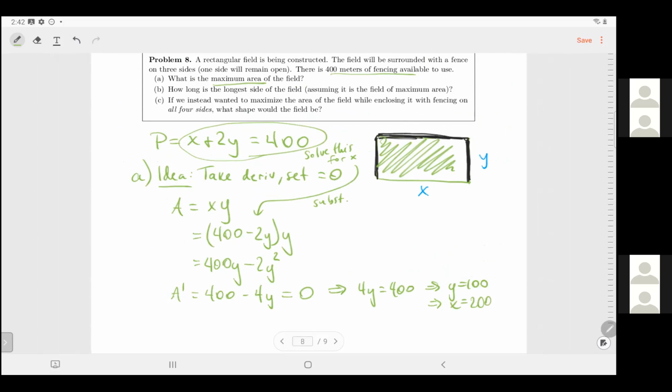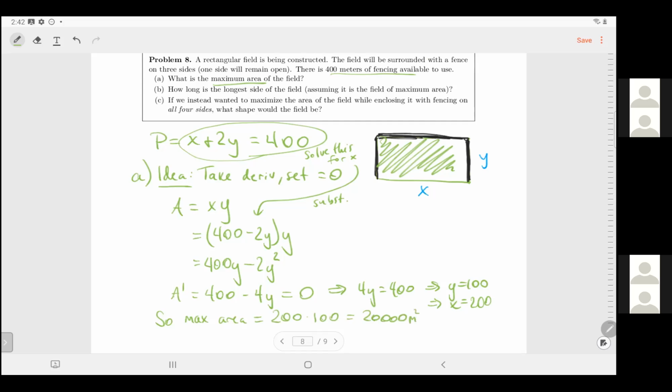Okay, so then the maximum area is just, well, it's x times y. So it's 200 times 100, just 2 with 4 zeros after it.